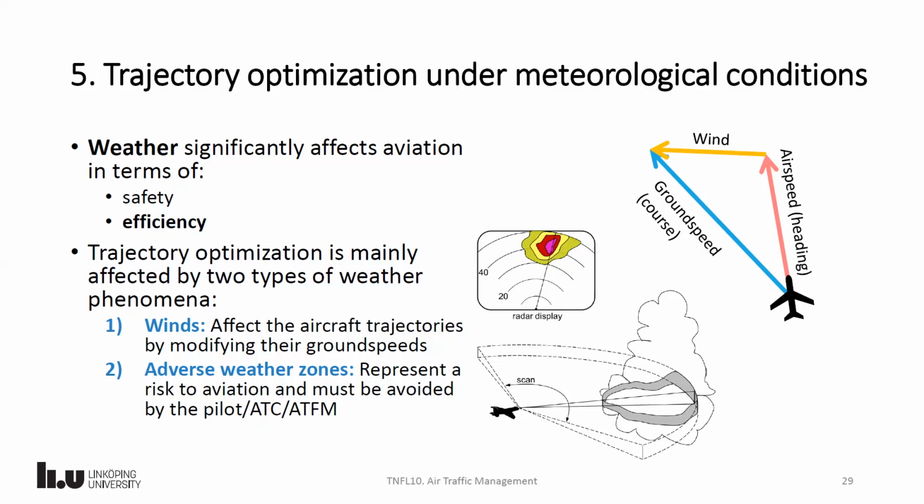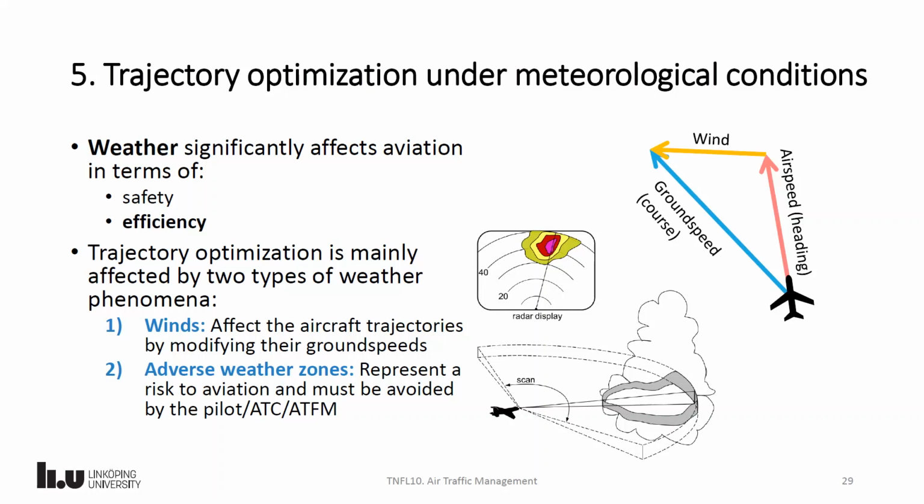Of course, we know where we are because we have GPS. If we are flying with visual flight rules, we have the visuals from the ground and from the geography. But we have to consider that the wind is going to affect our final destination or speed with respect to the ground. And also, another important weather phenomenon that affects aircraft trajectories is adverse weather zones.